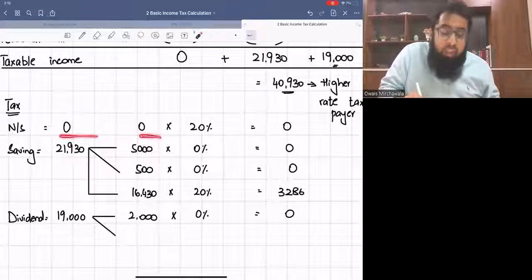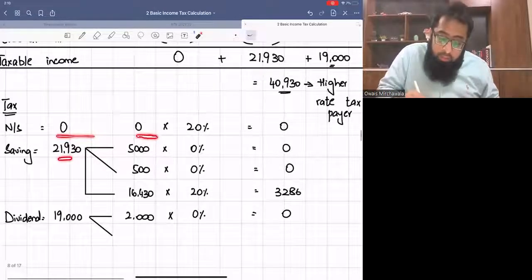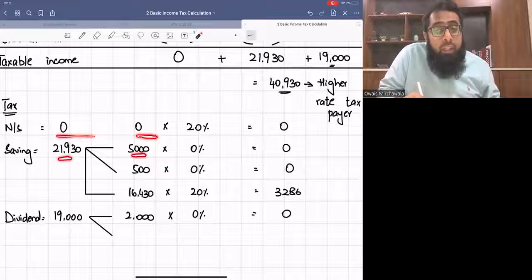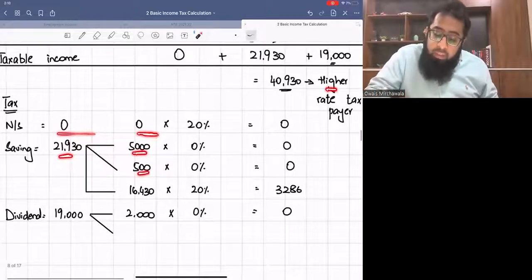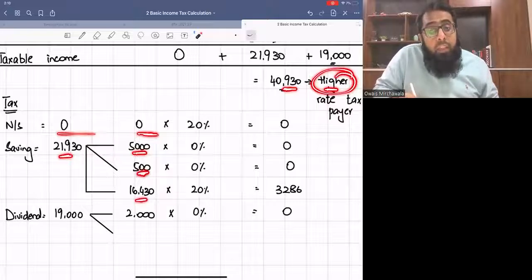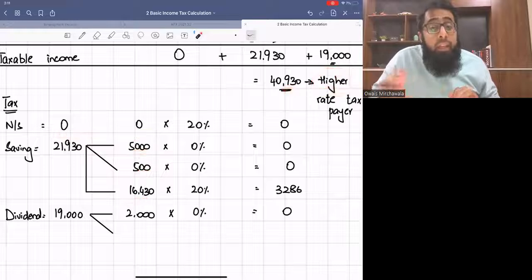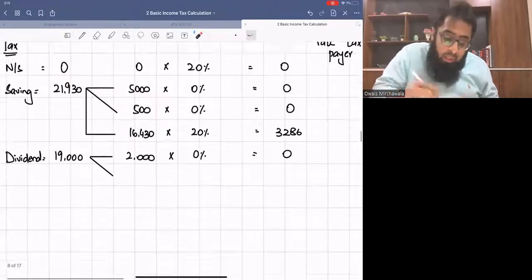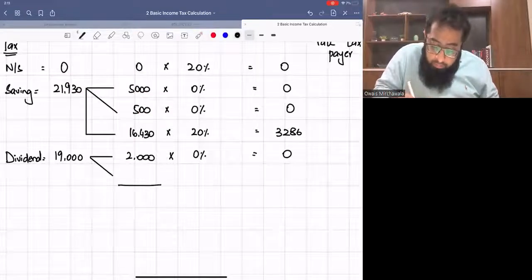The non-saving went on 0. In saving income, the first 5,000 went at 0% band. Since we are higher rate on total, 500 pounds at 0% band, and the remaining saving income goes at 20% band, the basic rate, because the basic rate band continues till 37,700. Now, how much is remaining in the basic rate band?